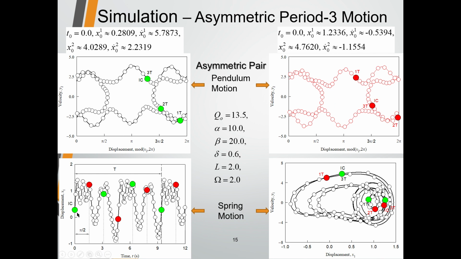You will see here, between the periodic nodes of the black branch and the red branch, there is always a phase difference of 1/2 pi.